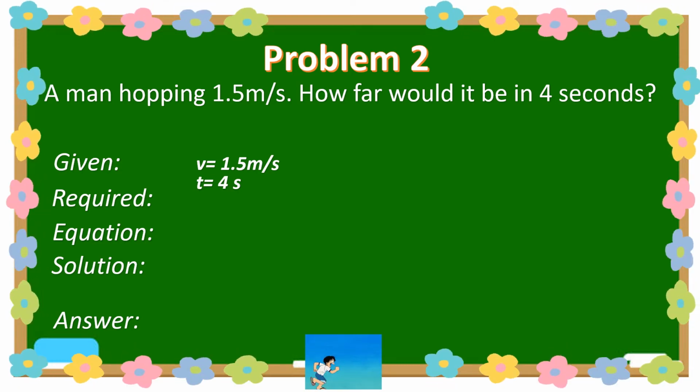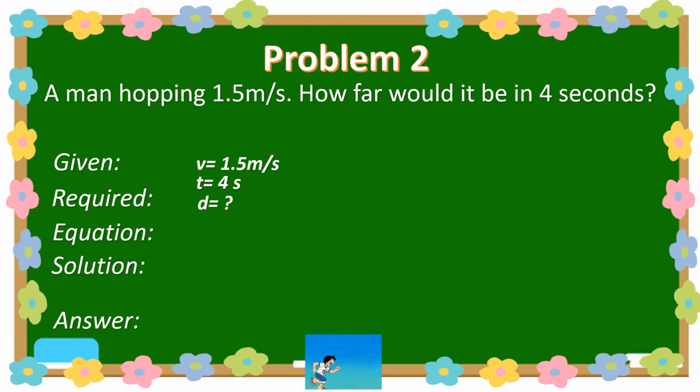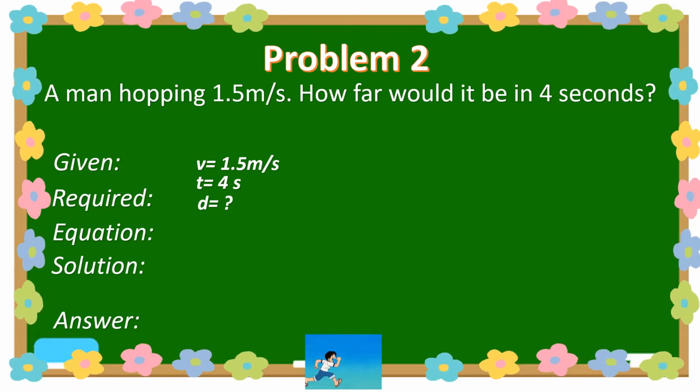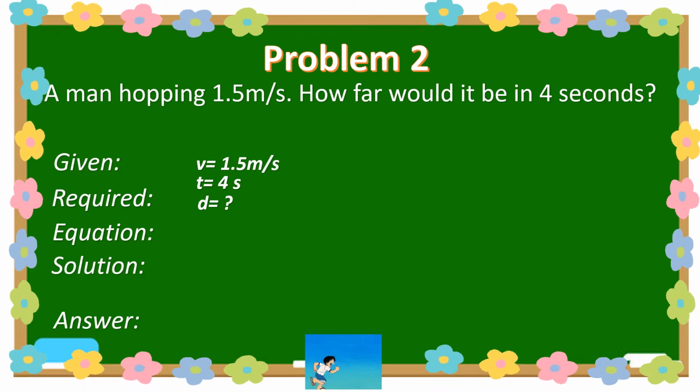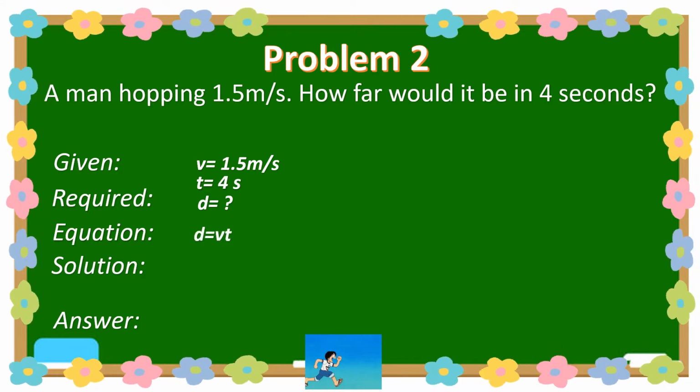Now, what is being asked in this problem? Good. So, the distance of a man. For the equation, let us use the second formula, which is distance is equal to speed times time.